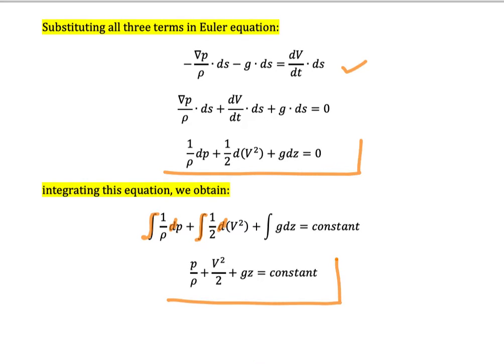Normally in textbooks they will write it as p over rho g plus v square over 2g plus z. So this is the common Bernoulli equation, and the constant here is actually the energy.